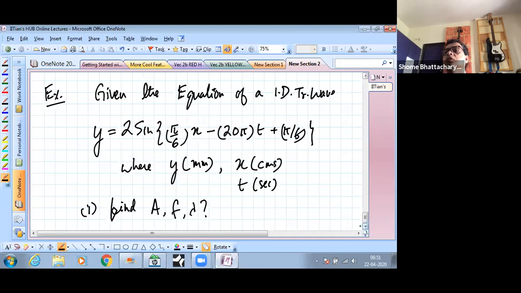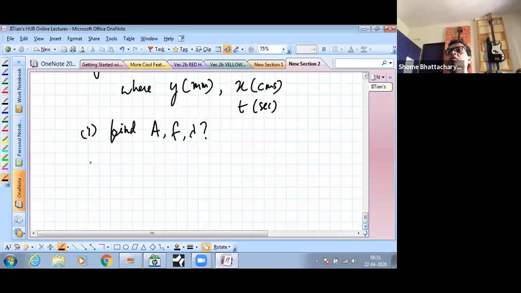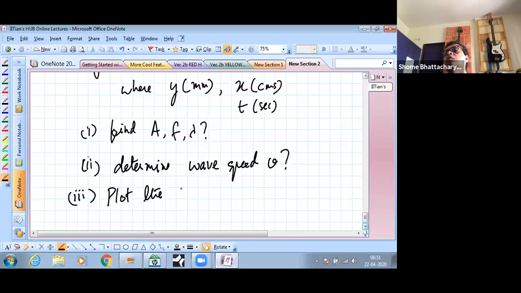So first step, let's do this. Then secondly, third, plot the snapshots of y versus x at t equal to 0.